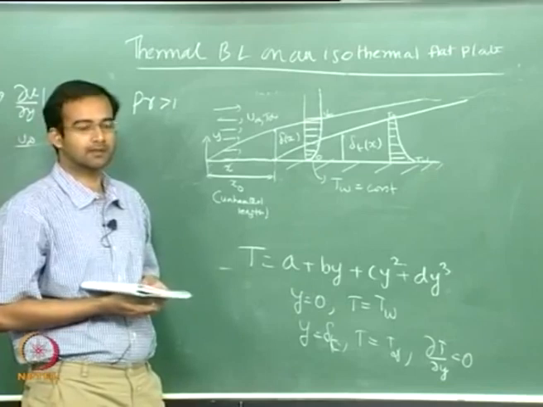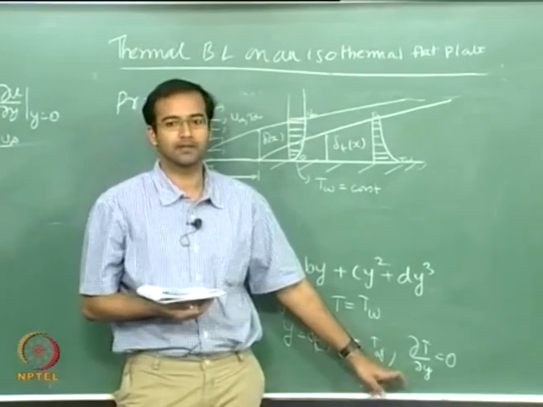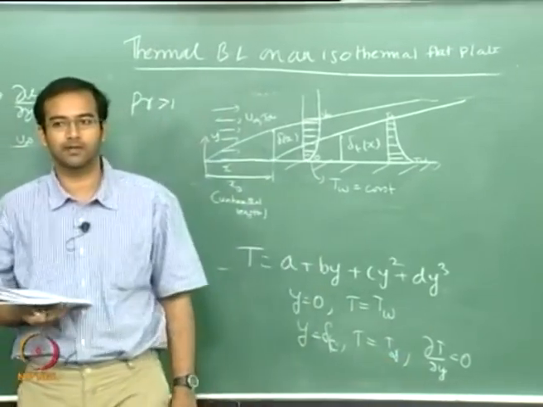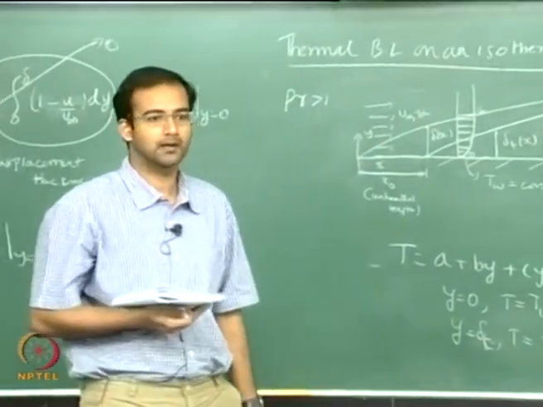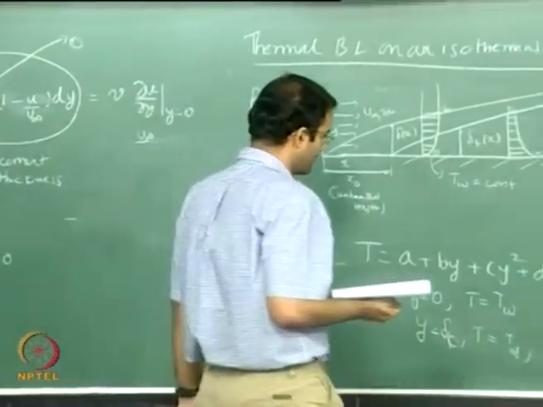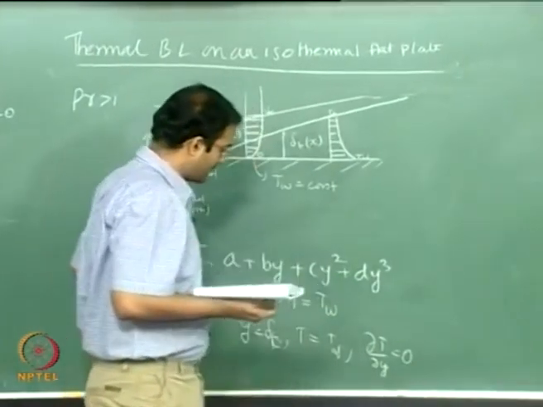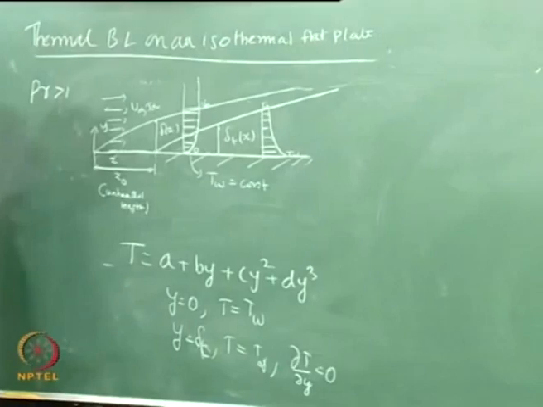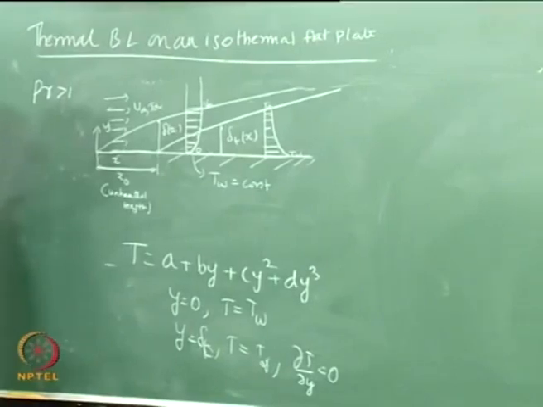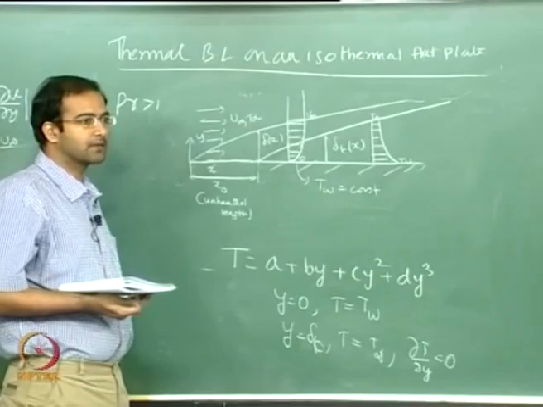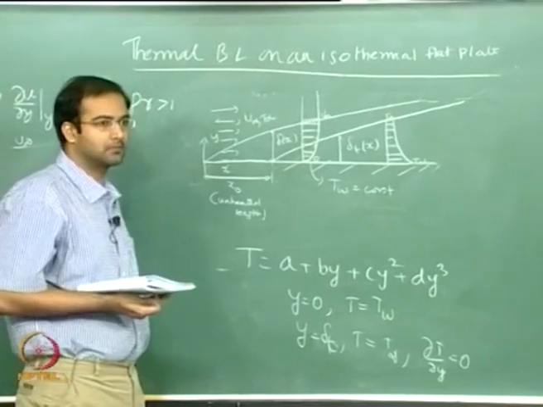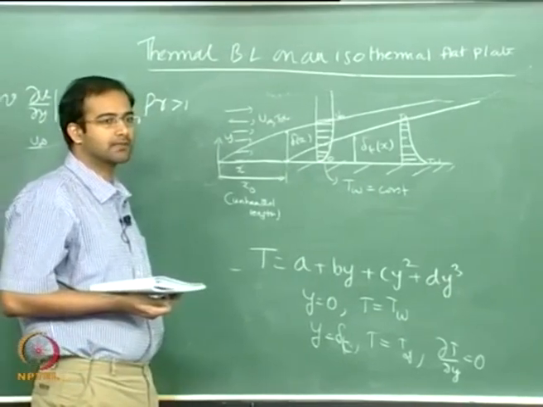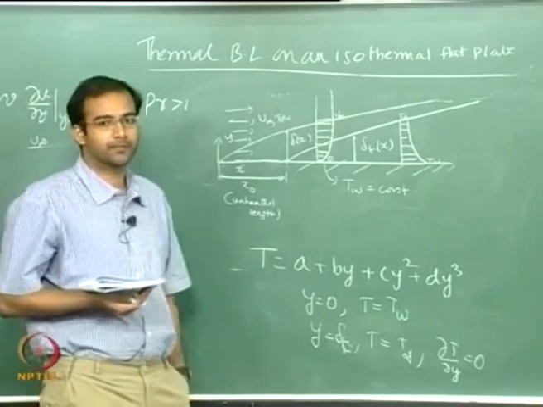So at the interface you have to satisfy this continuity condition: continuity in temperature and slope. And then we need one more. Heat flux at the wall, but we don't know it. This is a case where we have constant wall temperature.